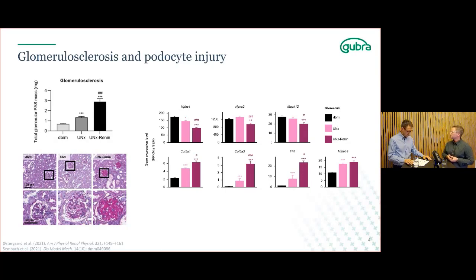Yeah. Thank you, Mette. So now having established the model, characterized it, also with respect to clinical features, what would be the next step to validate this model?